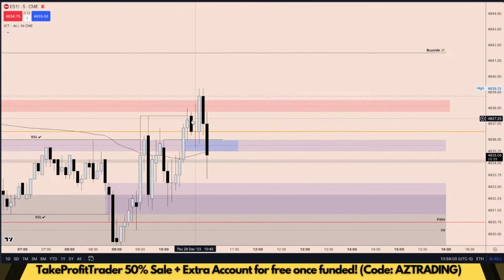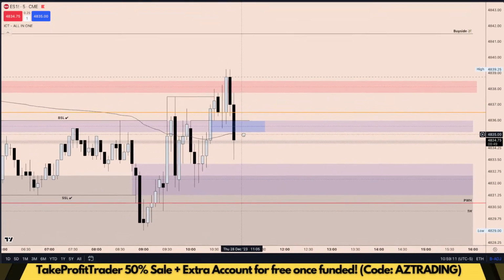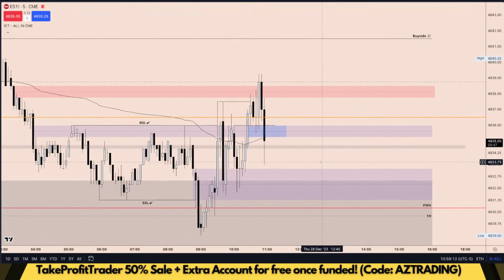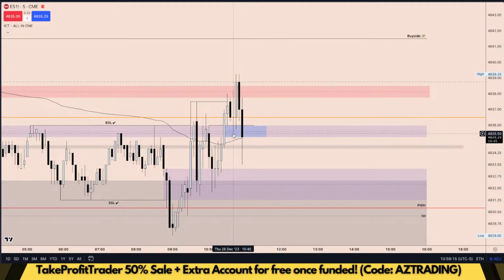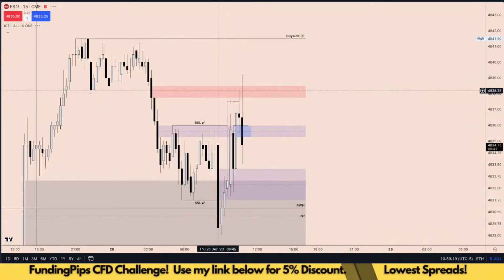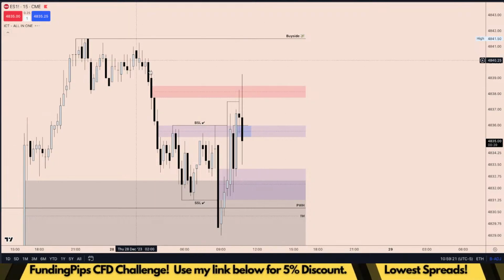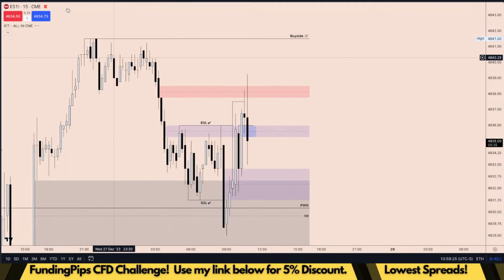I mean, theoretically, we could look at this almost as a market structure shift. Higher high, higher low, higher high. Break in structure right here. But therefore I would like to see it to actually also invalidate the bullish fair value gap and also our 15-minute inversion fair value gap after just having filled in all these inefficiencies above.